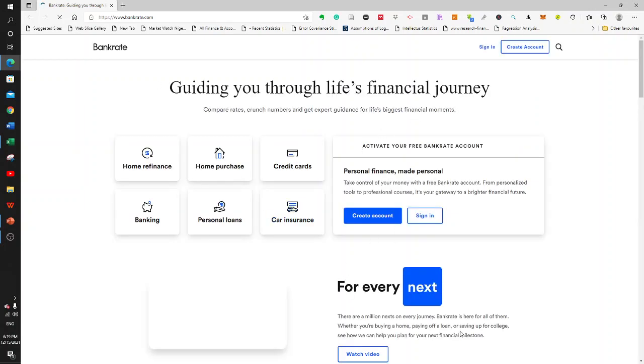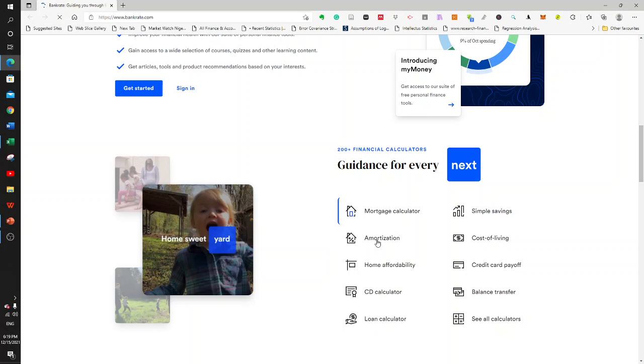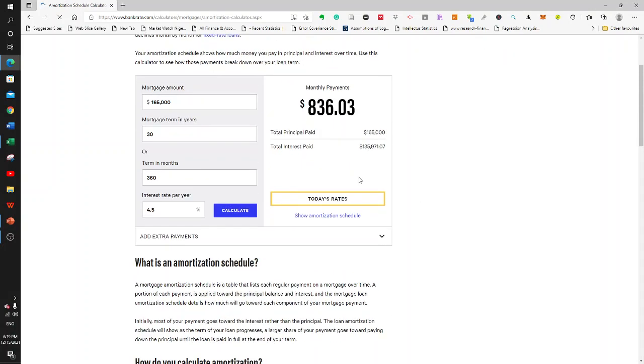This is Bankrate.com. Let's go down and see. This is amortization. Click here, click at amortization. Let's see whether it will help us repeat the schedule I just did. Now, this is amortization.